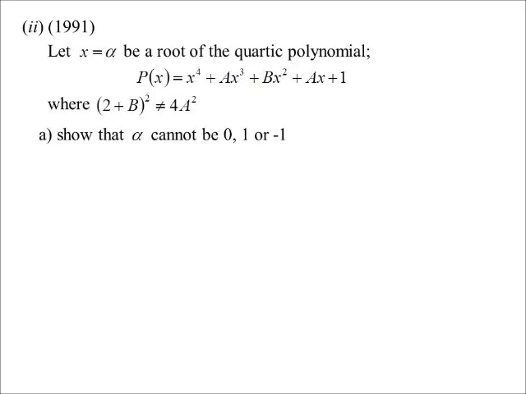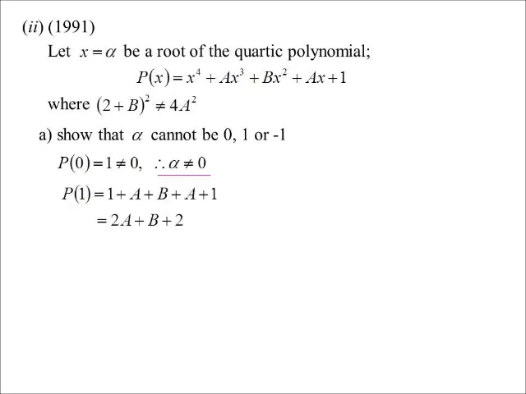First part of the question. Show that alpha, so alpha is the solution, cannot be 0, 1 or minus 1. Well, I guess the easiest way is using the factor theorem. If I sub in 0, I get an answer of 1. So no, alpha can't equal 0. If I sub in 1, I get 2a plus b plus 2.